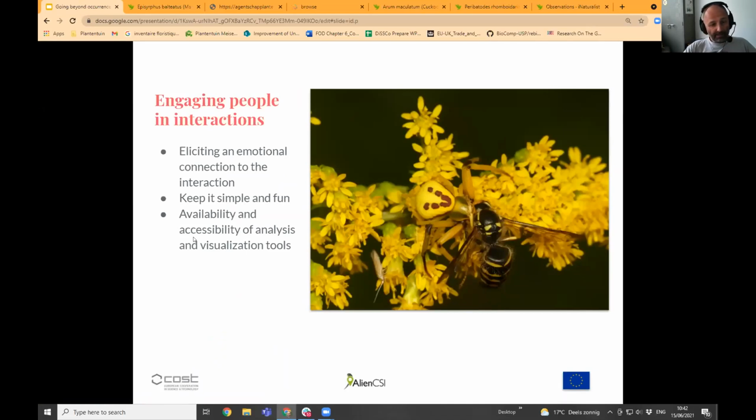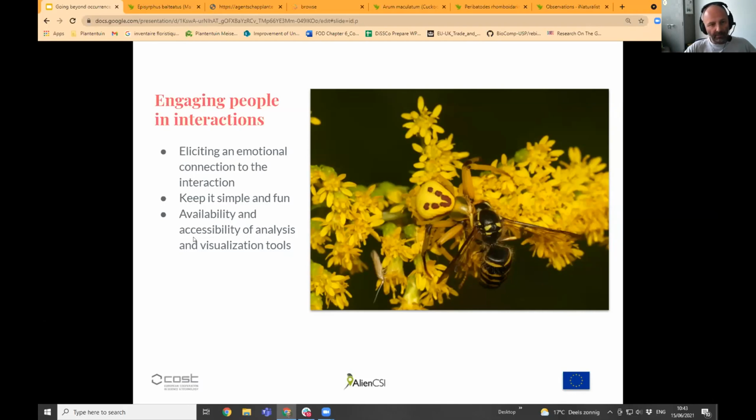Our very last physical meeting from Alien CSI was hosted by Honza in Průhonice. It seems like a long time ago, but we discussed species interactions a lot in that meeting, or at least one group of us did.